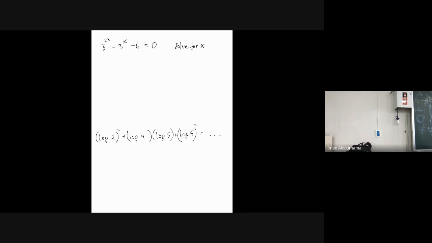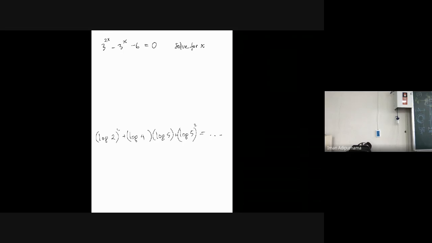Number one is this. Number two: no idea how to solve it? Here, if you have this 3x, you can change the 3 to the x to any variable, like a or b.